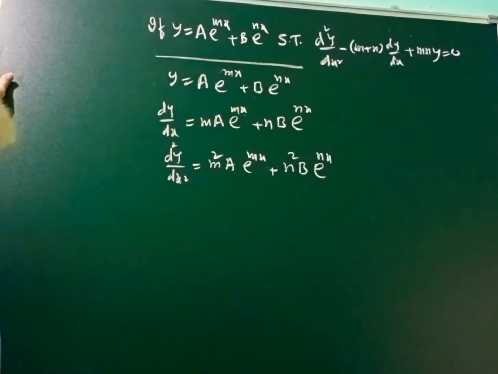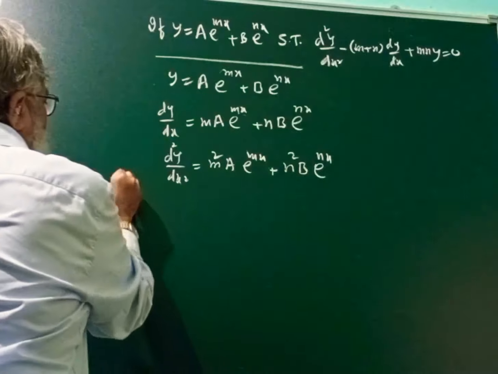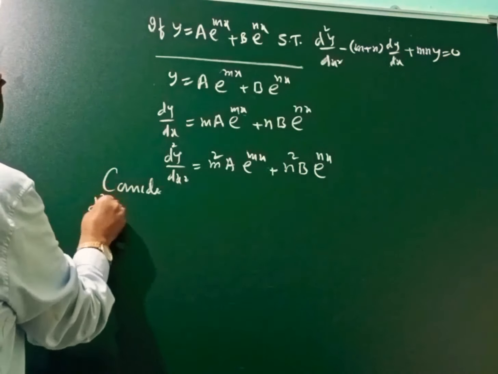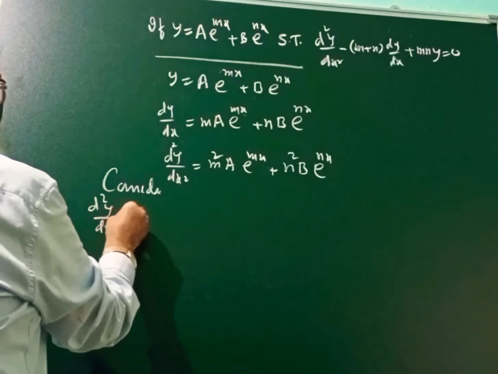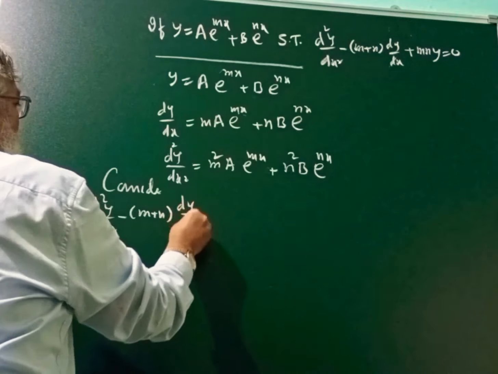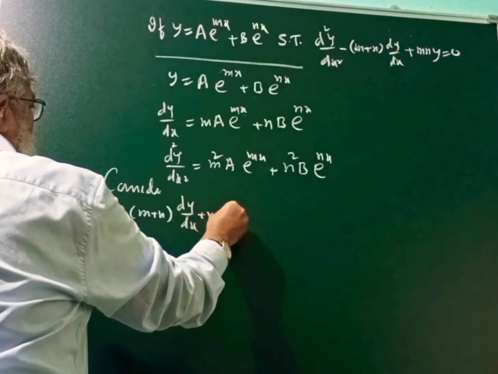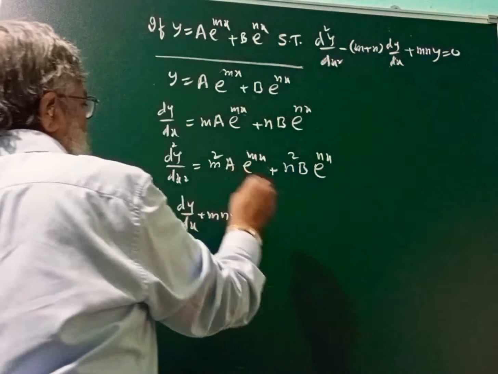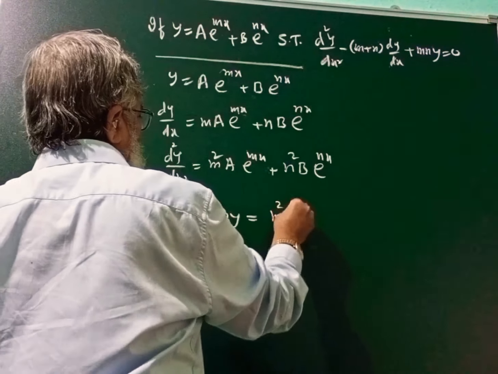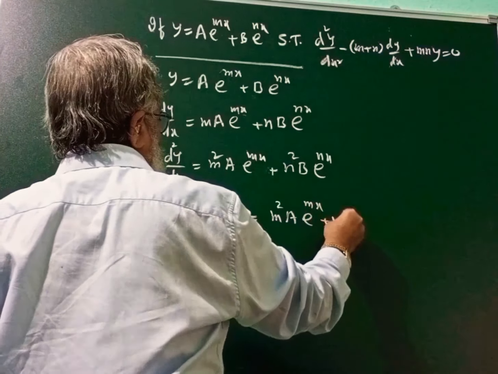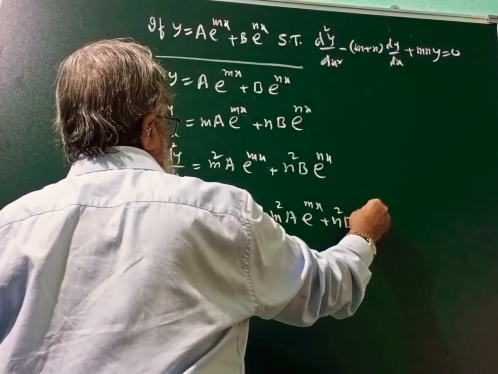Now as previously we did for such type of problem, we take the left hand side. Consider d square y by dx square minus m plus n into dy by dx plus mny. Substitute the values and show that its value is equal to 0. First let us write down m square a e raised to mx plus n square b into e raised to nx.